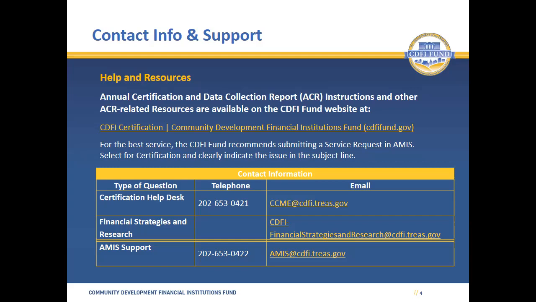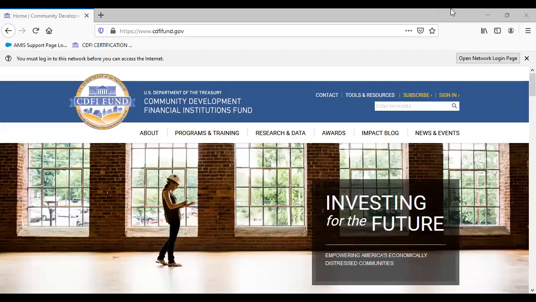I will now take you through finding where the updated user guides reside on the CDFI Fund's website. On the CDFI Fund's website, select the Tools and Resources link on the upper right-hand corner.